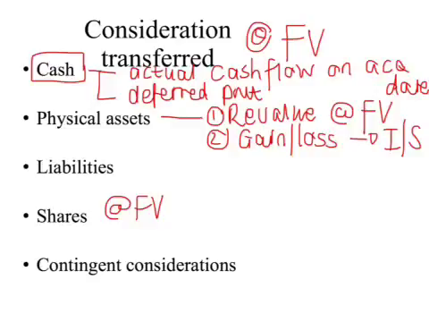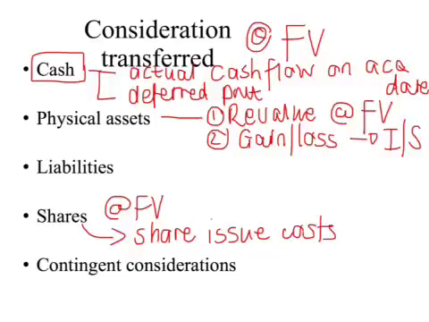What you need to keep in mind with shares is that if we have a share issue, any share issue costs, you need to make sure that you know the treatment of the share issue costs. What we do is we set it off against our share capital, because it in effect reduces the proceeds from the share issue.